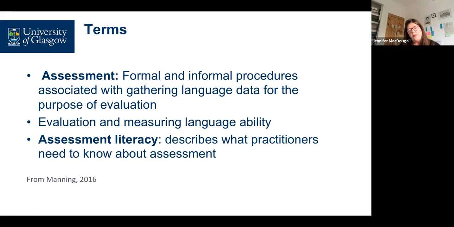In the book I've just mentioned, he also talks about assessment literacy, which is what we as practitioners need to understand or know about assessment. I think when we talk about assessment literacy now, it's also quite important for what our students need to understand and know about assessment, because that idea of transparency of assessment is really important. So I don't think assessment literacy is only for the practitioner, but these are the general terms that are used.